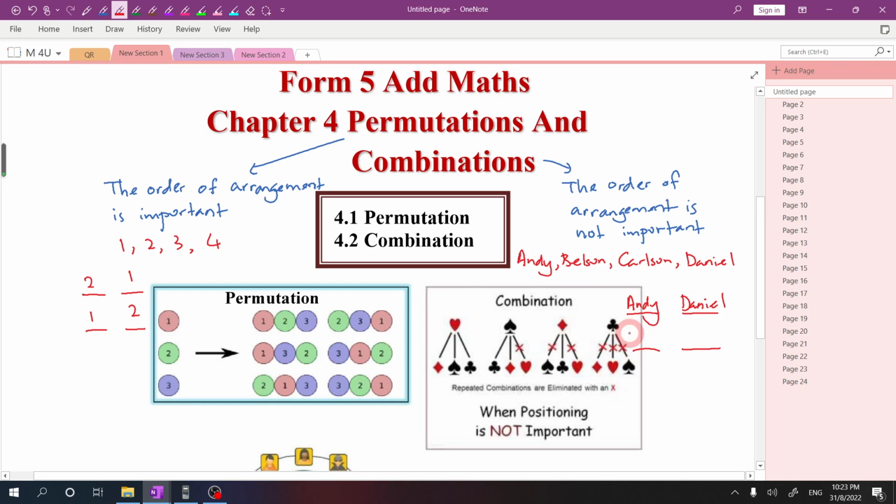Second time, you pick Daniel first, followed by Andy. Try to think, are these 2 the same team? Yes, right? Andy partner with Daniel or Daniel partner with Andy, they actually form the same team. In this situation, the order of arrangement is not important. We are going to use combination to solve this type of question.